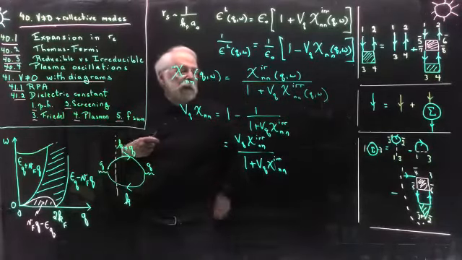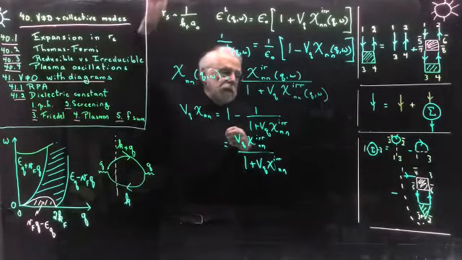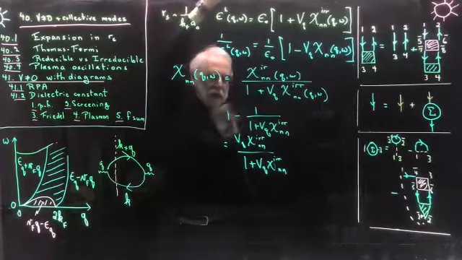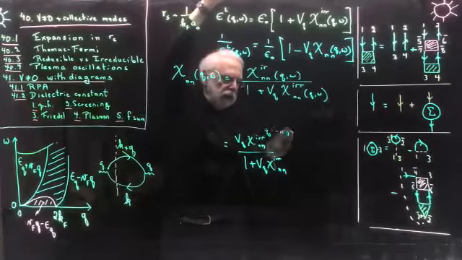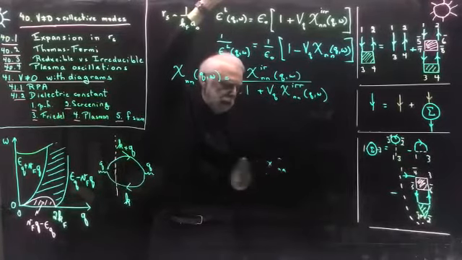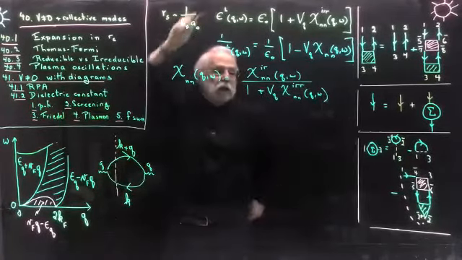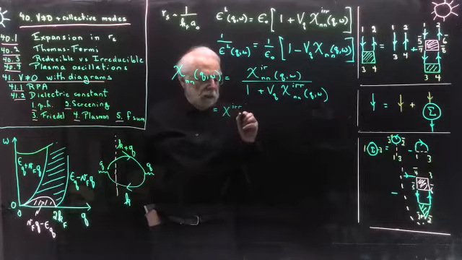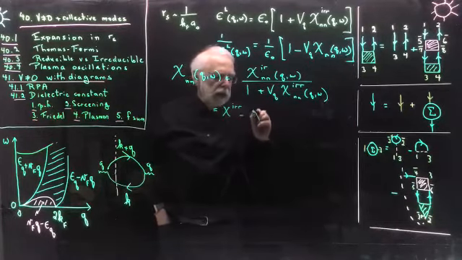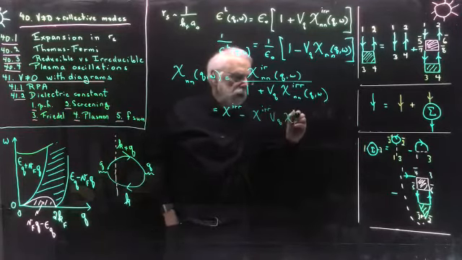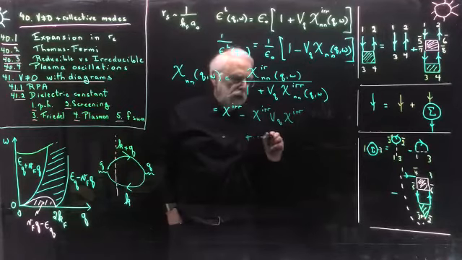Okay, so what it means, irreducible, is that if I just do an expansion in powers of the Coulomb potential, I get that this is chi irreducible minus chi irreducible V of Q times chi irreducible plus etc., right?